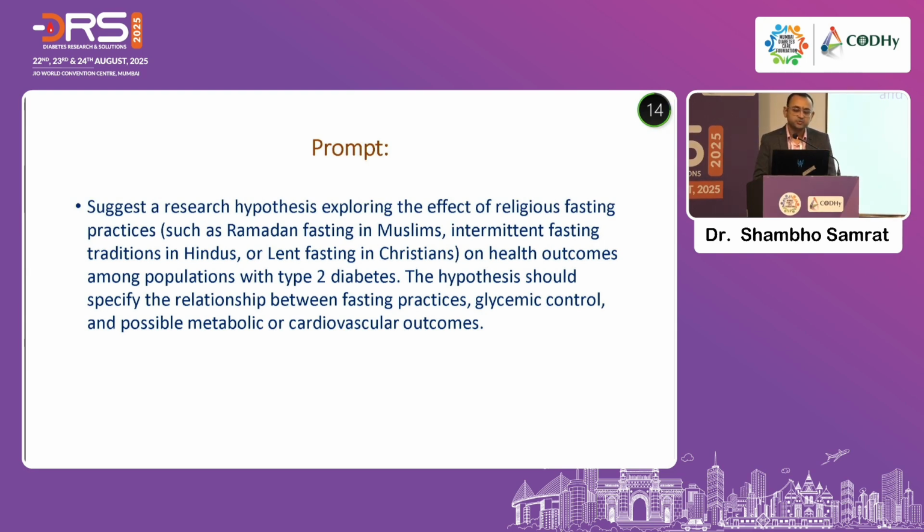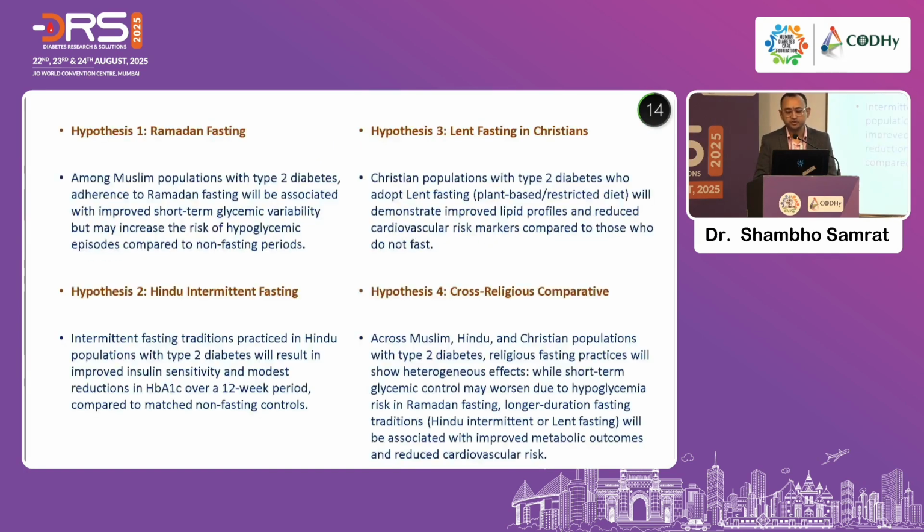Here we had mentioned we want to explore the effect of religious fasting on different health outcomes among the populations who are suffering from type 2 diabetes. And also we had mentioned a few important points. In the hypothesis, it should specify the relationship between fasting practices, glycemic control, and possible cardiovascular metabolic outcome.